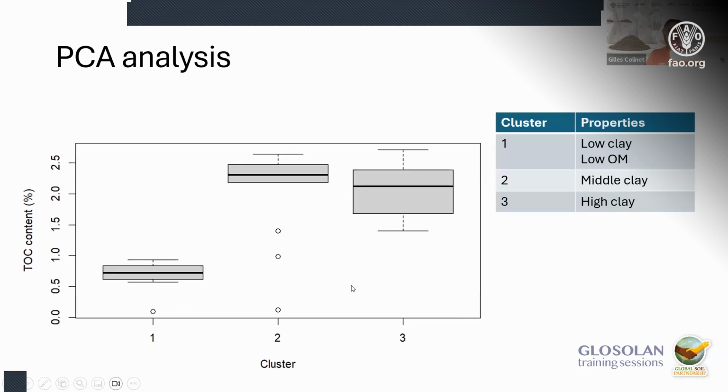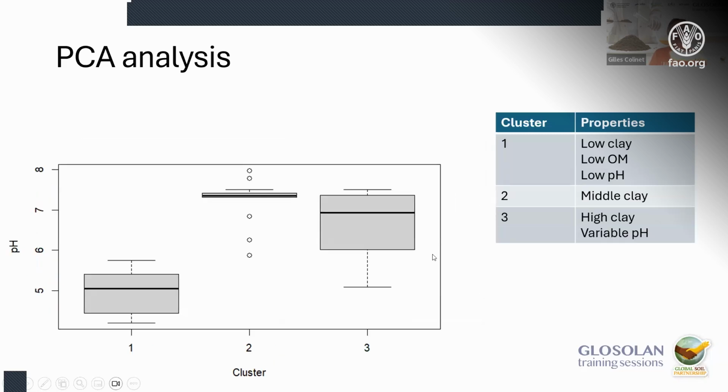Then I look at the total organic carbon. I can say that the first group is low in clay, but also low in organic matter. And these two are not clearly different.